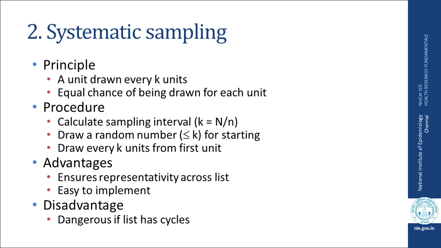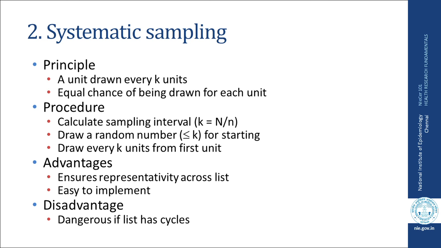Now, the next sampling type is systematic sampling. In systematic sampling, the initial sampling unit is picked at random, and then every kth unit from your population is examined.